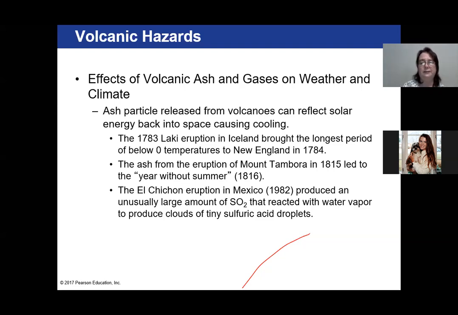Mount Tambora in 1815, this was another large pyroclastic flow. That year without the summer refers to the east coast of the US. It was so cold the crops failed here from an eruption in the Philippines. And again, that El Chichon eruption produced a lot of sulfur dioxide and again, sulfuric acid.